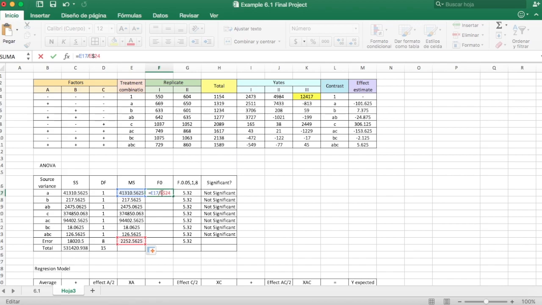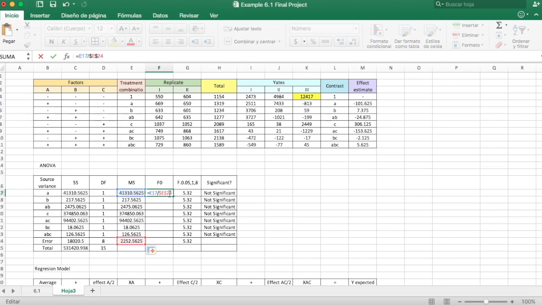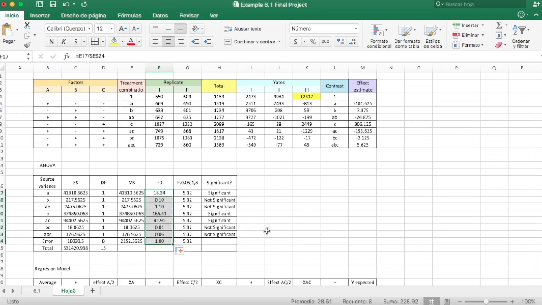We're going to select it. It's 18. And here we have it. It's not necessary to do the F-test for the error, just for the factors and interactions.